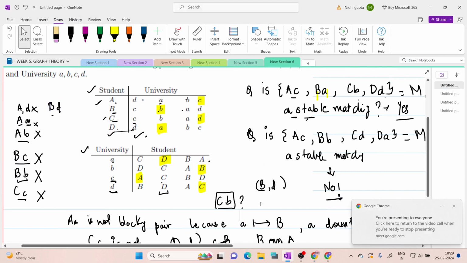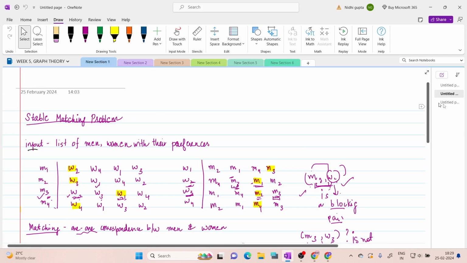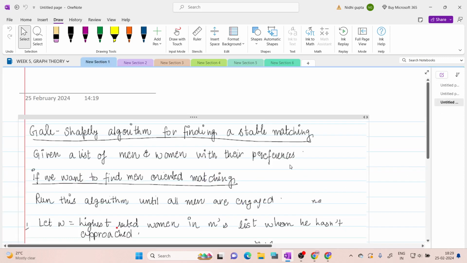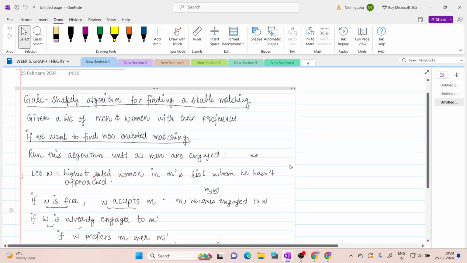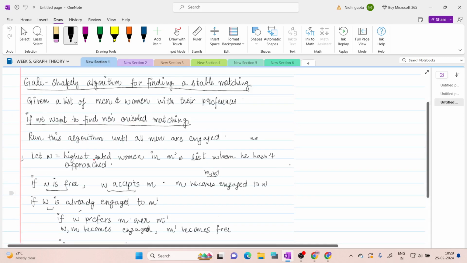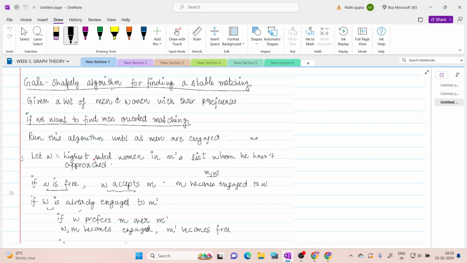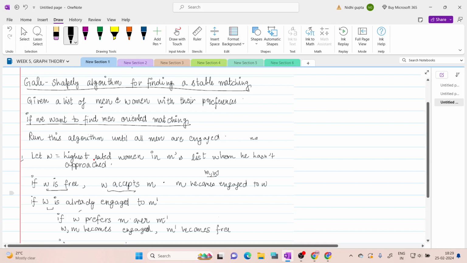Now, once we know what is stable matching, then we also have an algorithm, the Gale-Shapley algorithm, to find a stable matching. So let's look at the algorithm. If we want to find a stable matching, we have this algorithm. First of all, we are given two lists with their preferences.